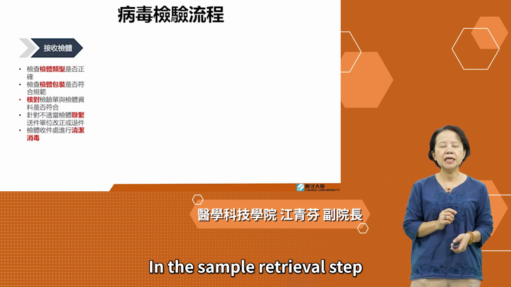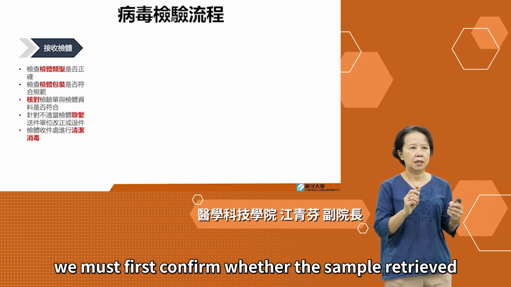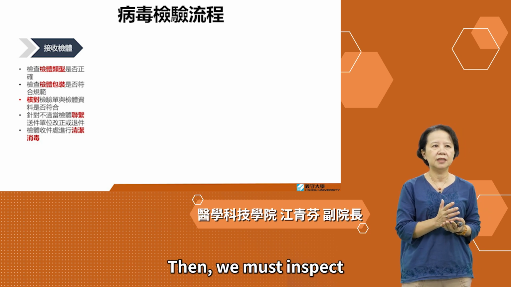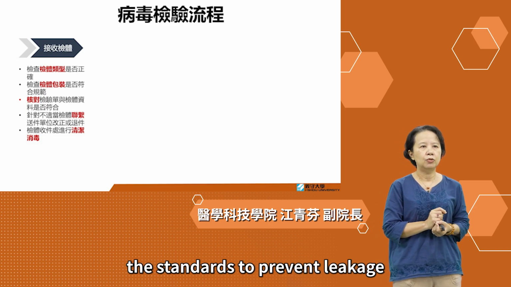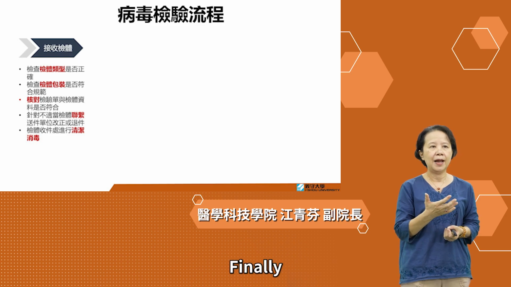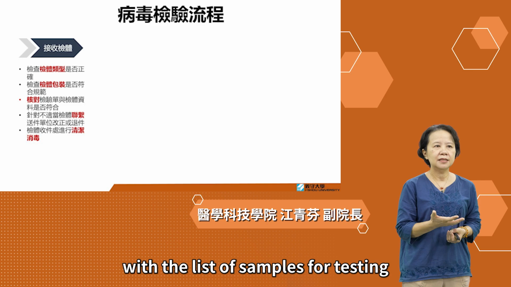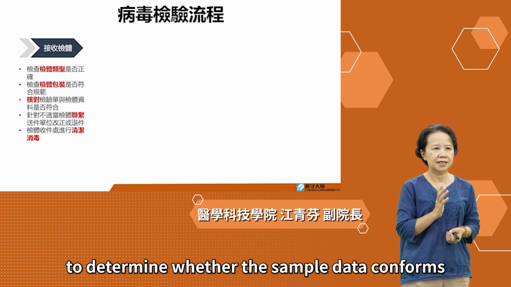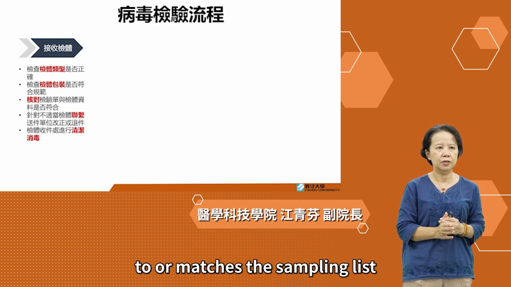In the sample retrieval step, we must first confirm whether the sample retrieved for the testing is the correct sample. Then we must inspect whether the sample packaging meets the standard to prevent leakage and unspecific labeling. Finally, we must match the sample retrieved with the list of samples for testing to determine whether the sample data conform to or match the sampling list.